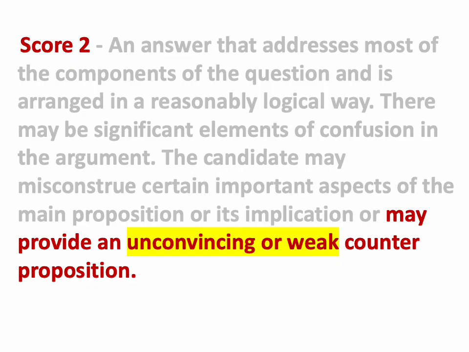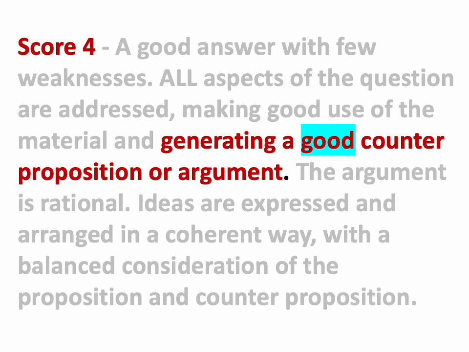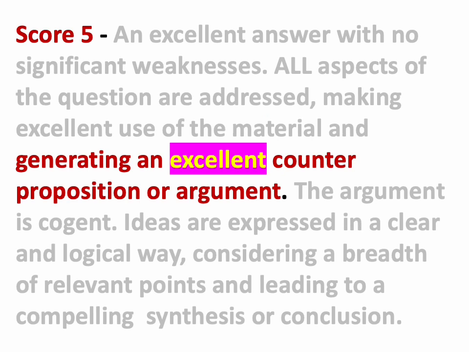An unconvincing or weak counter gets us a score of 2, and a reasonable one gets us a 3, and it only takes a good counter position to allow us access to the second highest band, with an excellent rendition granting us top marks.